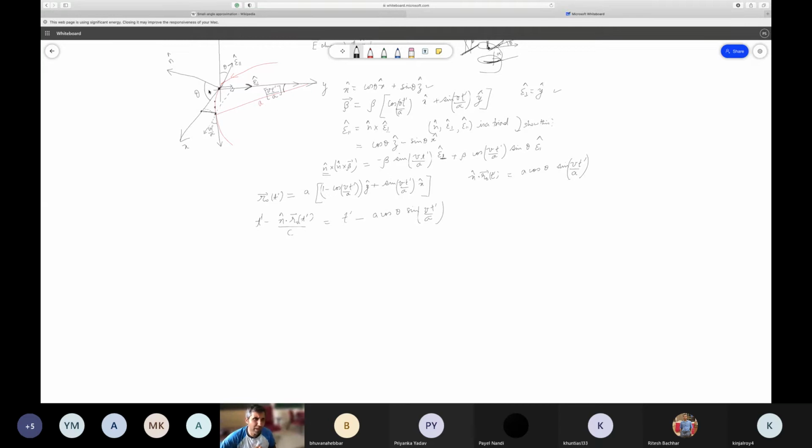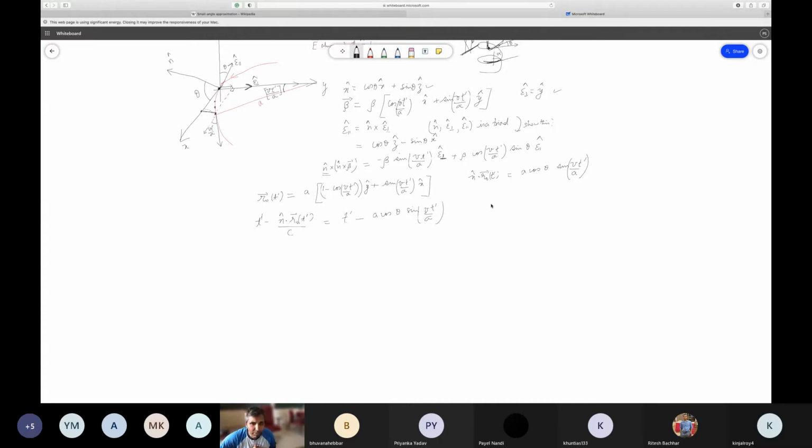Now, what I'm arguing is that the radiation that you see at n hat will be concentrated at small theta, right? We know that most of the radiation comes in a cone of theta of order 1 by gamma.